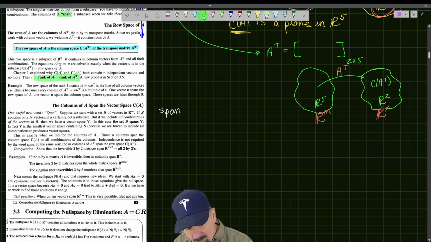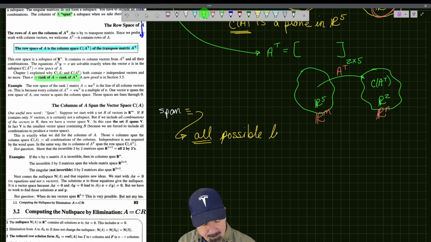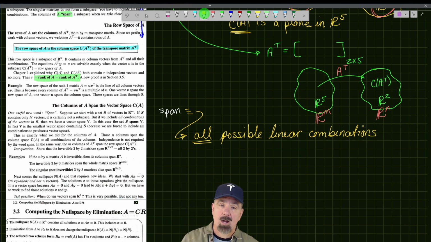We've talked a little bit about span, but let me provide the definition here. The span is all, and that's the important part of this, possible linear combinations. And since it is all possible linear combinations, then it's going to be a vector space.